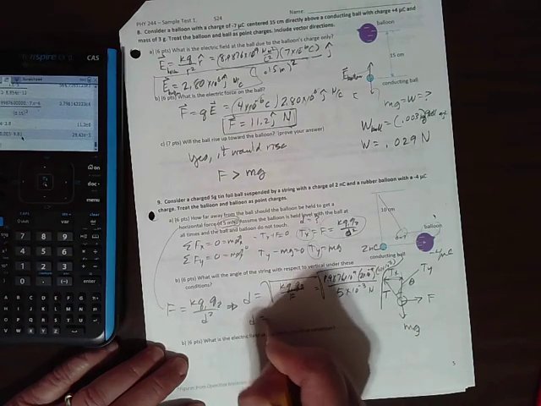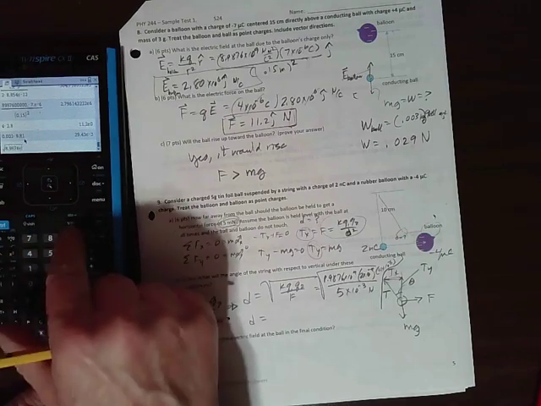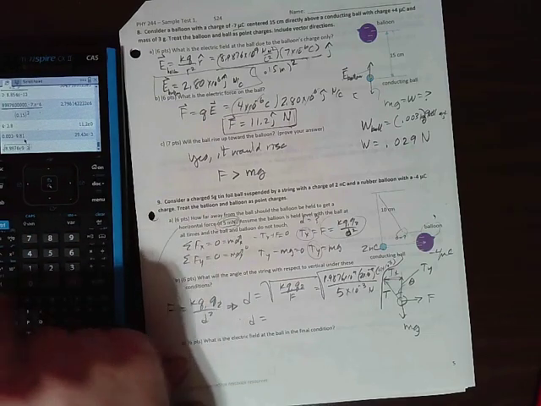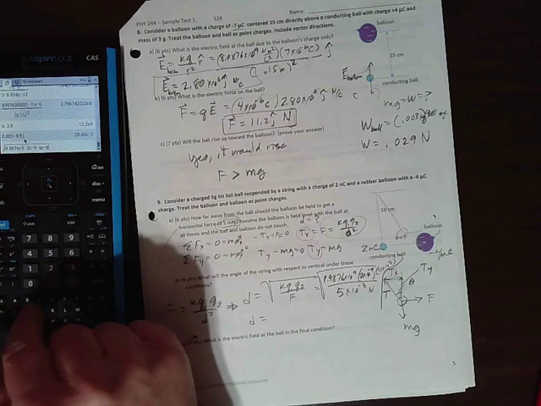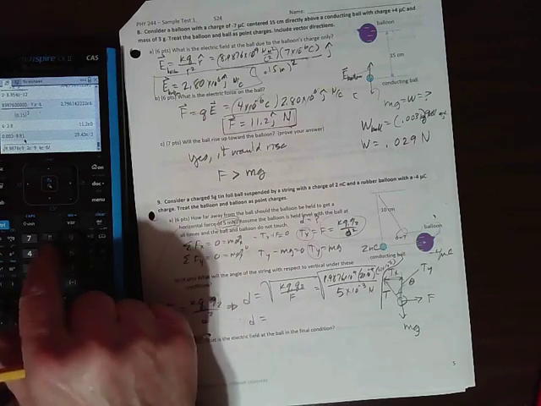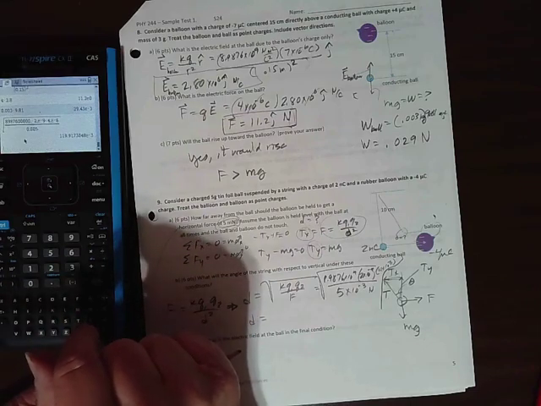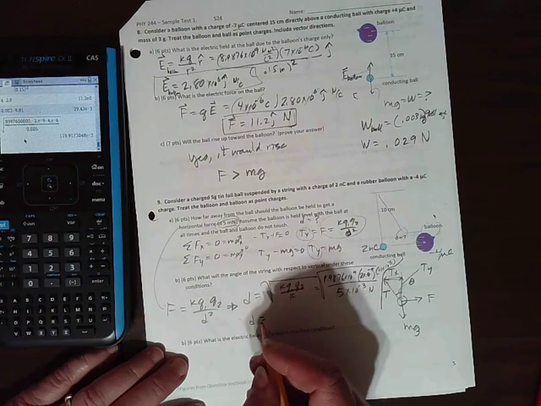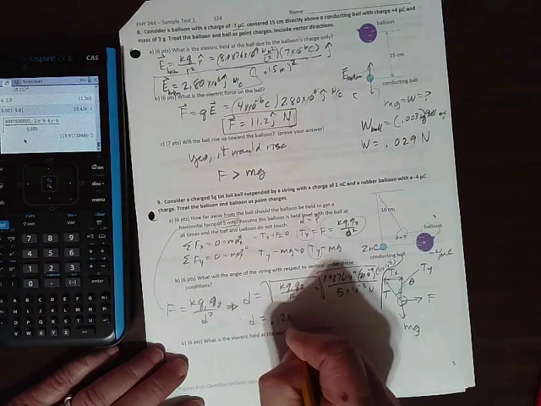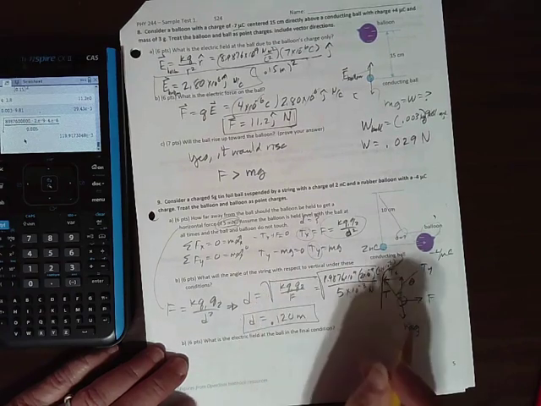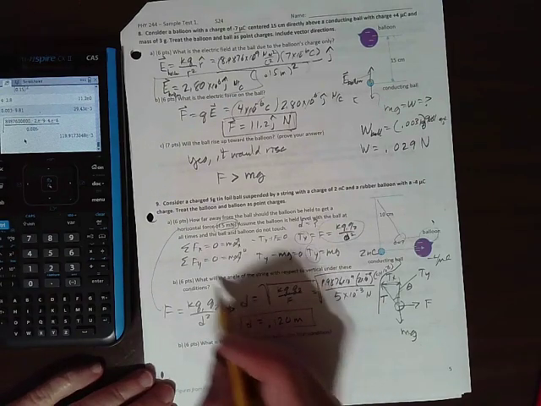All right, so D is the square root of 8.9876E9 times 2E negative 9 times 4E negative 6, that divided by 5E negative 3. Okay, so we get 0.120 meters. Okay, and so that's the answer for up here.